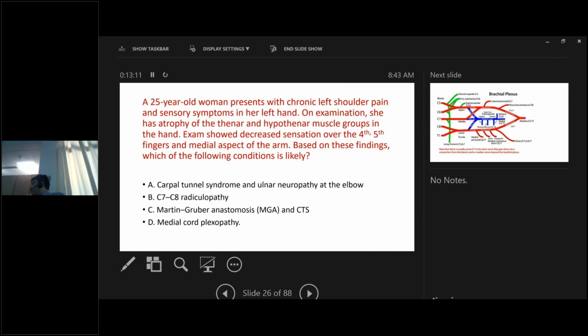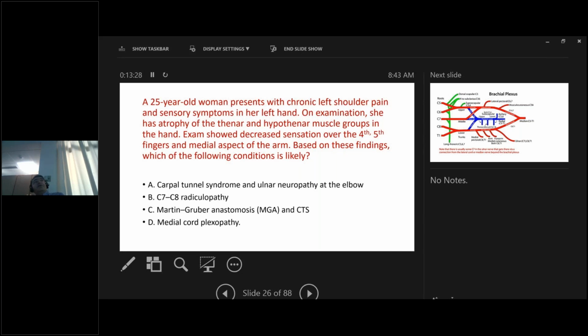Flexor pollicis brevis, and opponens pollicis. These are median. The ulnar one is adductor pollicis. So these are the thenar muscles, and these are C8, T1.